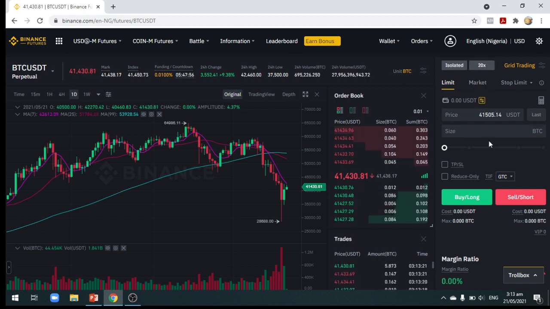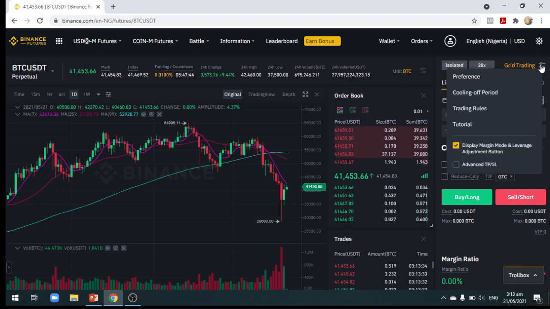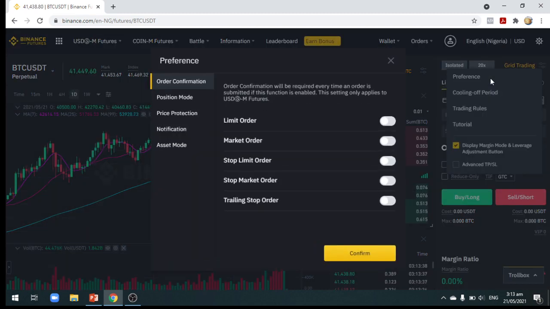So let's talk about some settings you want to do before you go on to the various other types that we have. What you want to do is go over to this point, and then you'll be able to check out the preferences. Here in the preferences, you want to set your order confirmation.